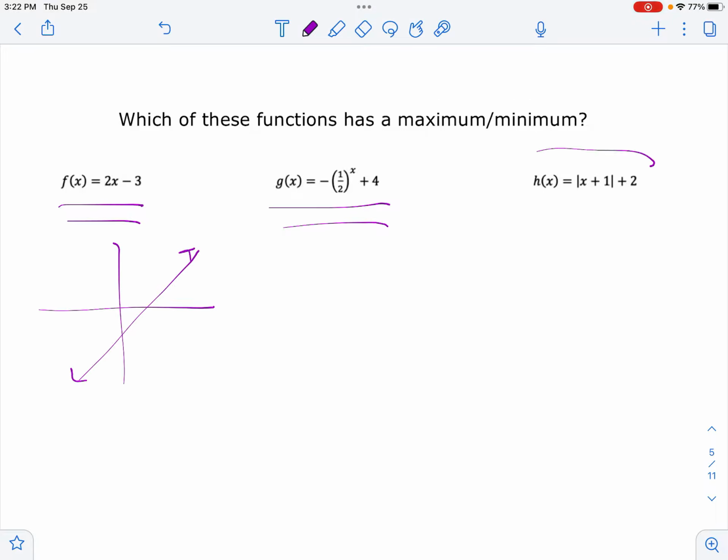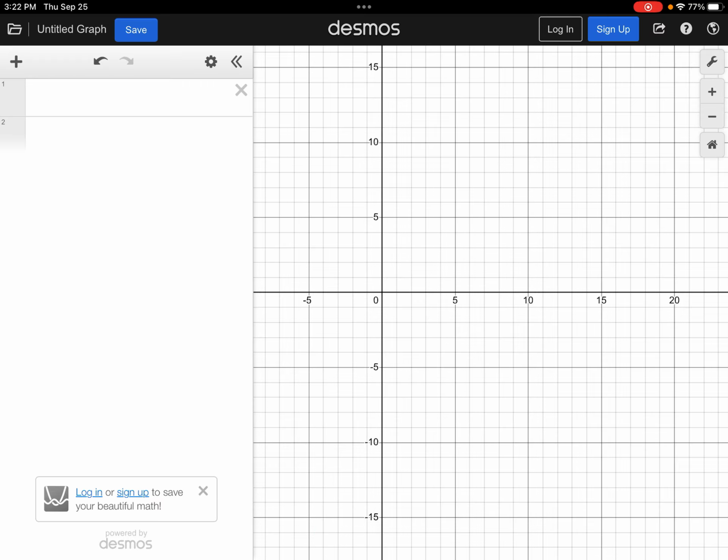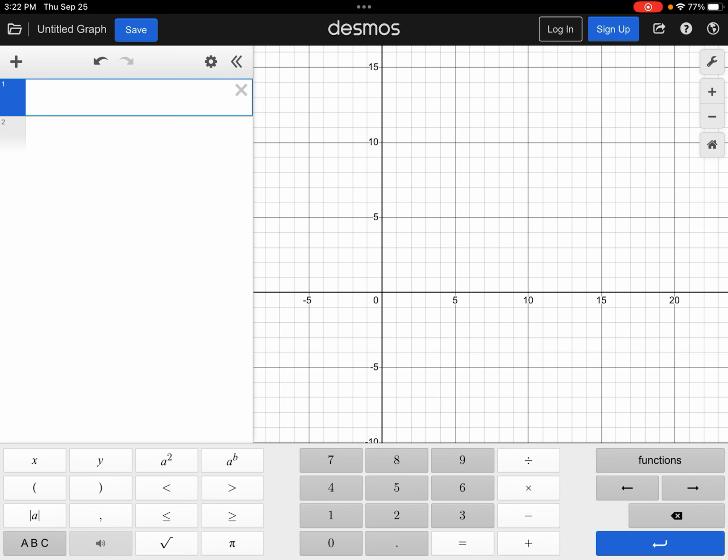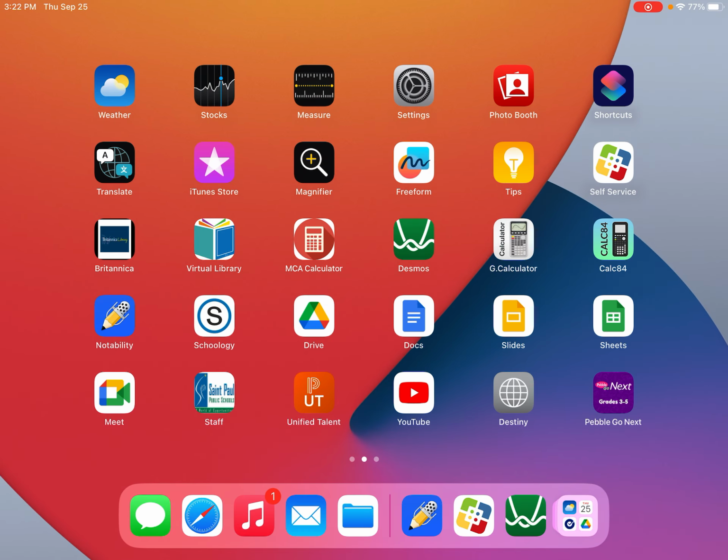So then what about this one? Well, we know that's a V. So is it upside down? Or like, what does that look like? So we could graph that on Desmos. Let's do that. Let's get rid of that. The function was y equals, I think it was the absolute value of x plus 1, and then plus 2. Let's just double check that I typed that in right.